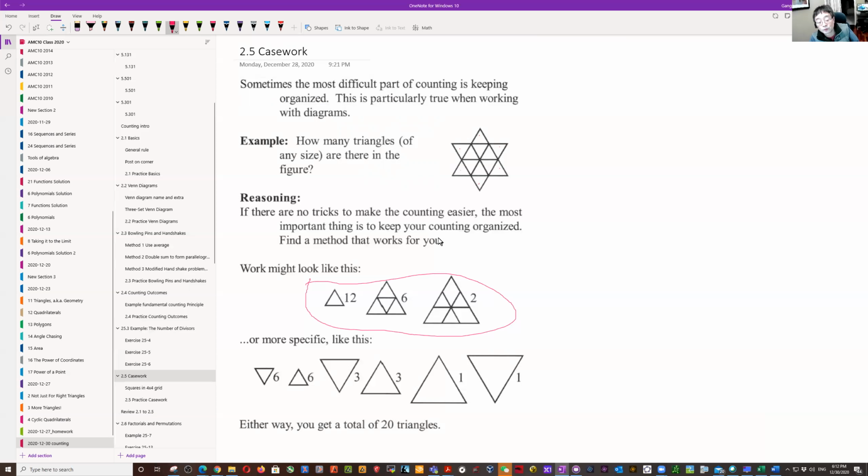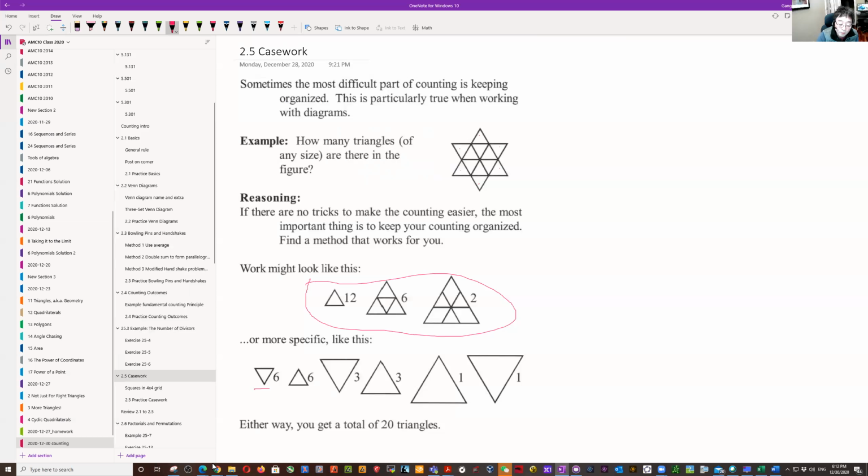So 1, 2, 3, 4, 5, 6 of those. And then you have the largest one sticking out this way and sticking out this way. So you can count it this way, or you can subdivide it into more specific cases.